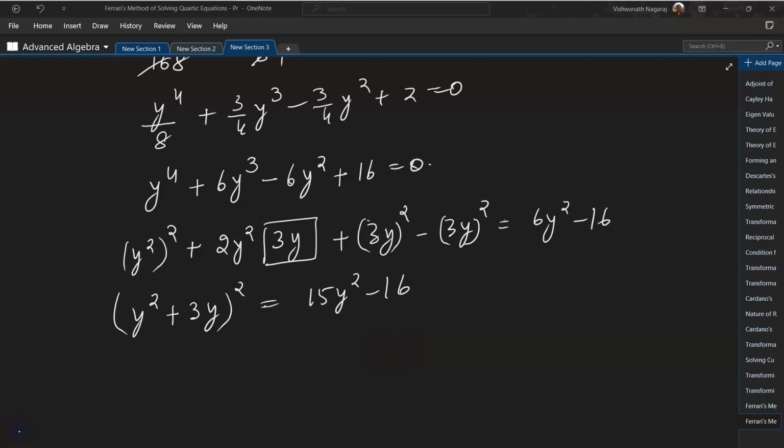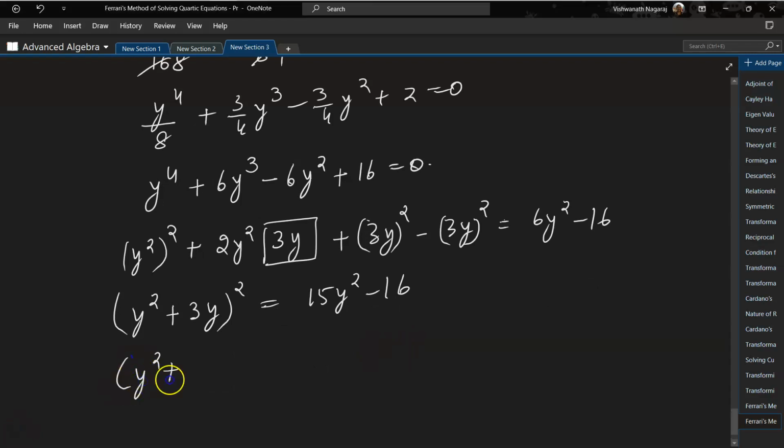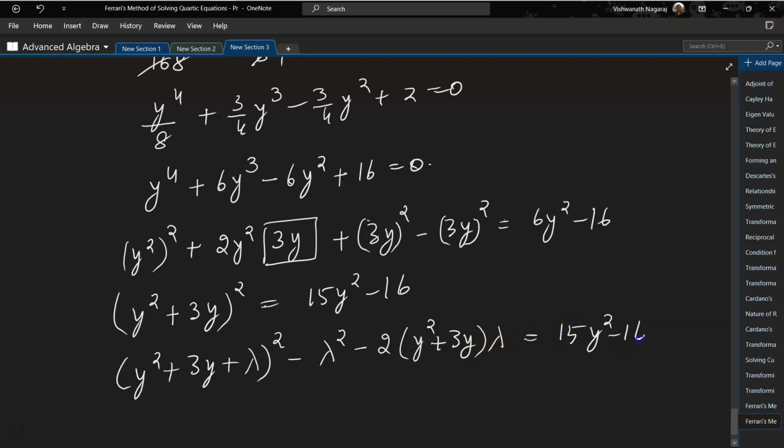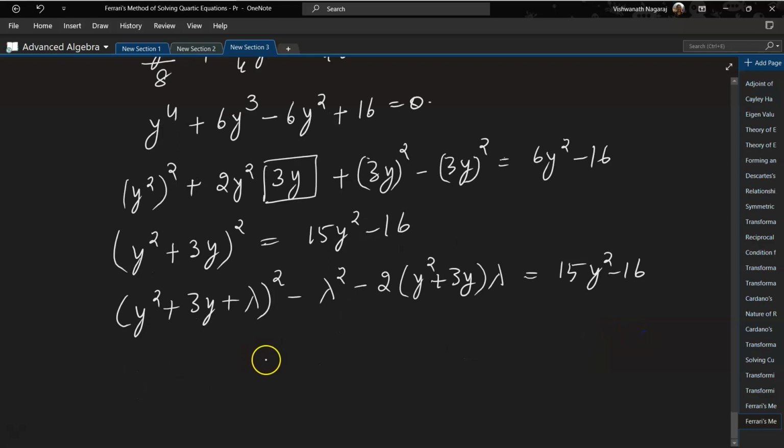Okay, now we need to add one more term here, so (y² + 3y + λ)², and we are adding terms, so we need to subtract it. 2y² + 3yλ is equal to 15y² − 60. Okay, let's take this to the other side. So this will become equal to λ² minus 2.